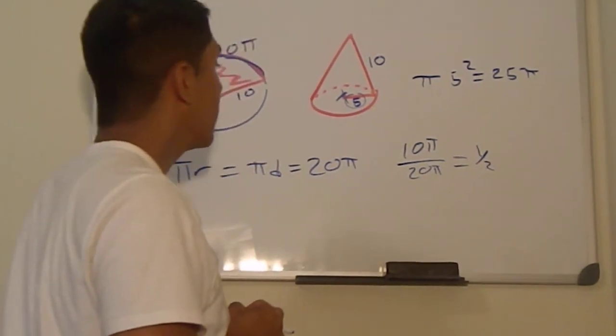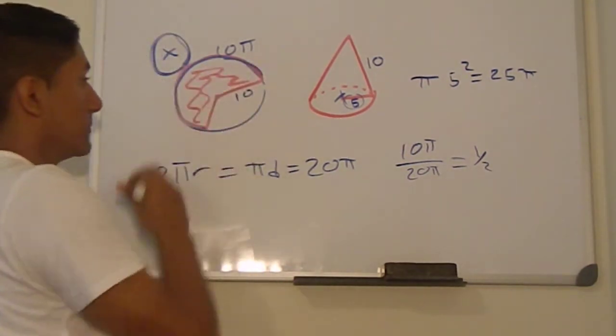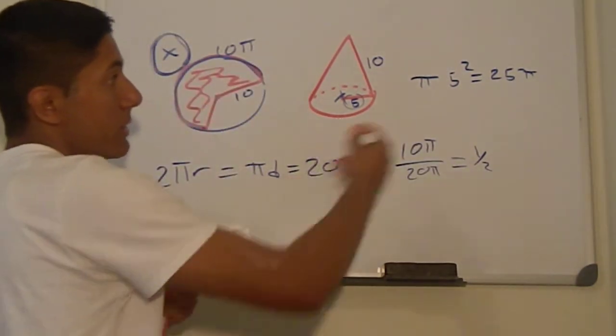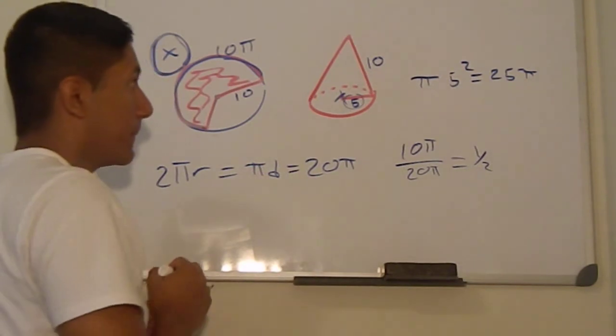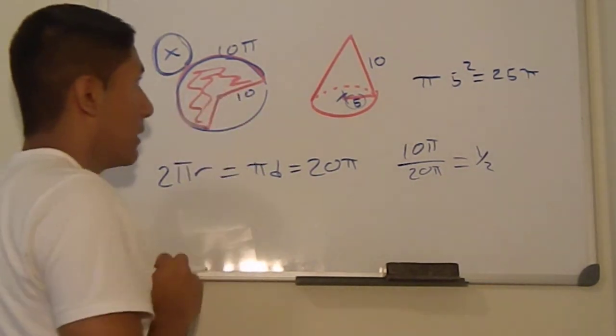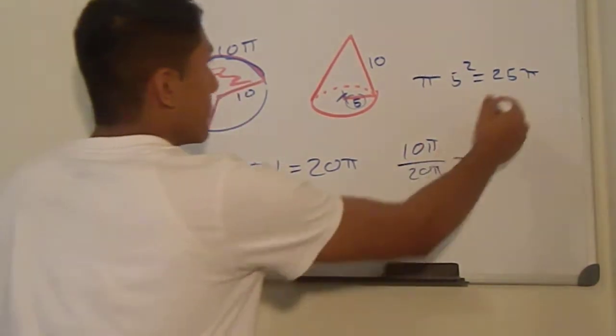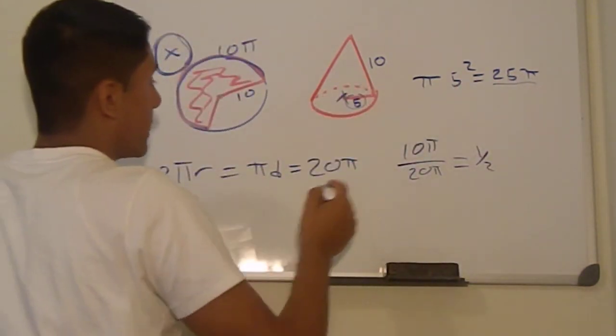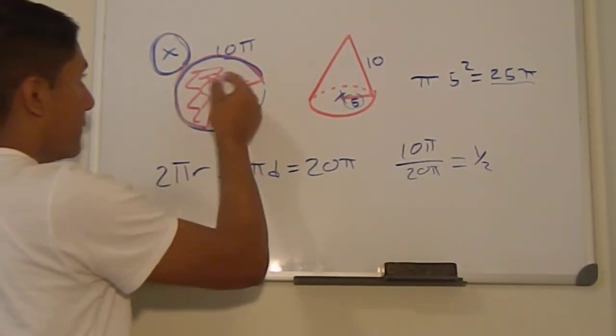And so now we find the area of the whole circle, times our ratio, and get the surface area of the whole cone by adding the surface area of the base circle and the surface area of the cone piece.